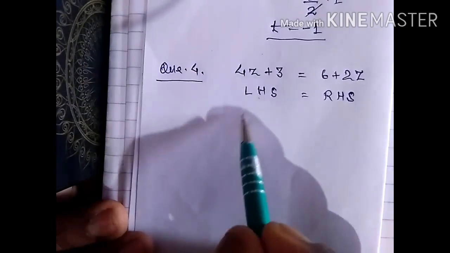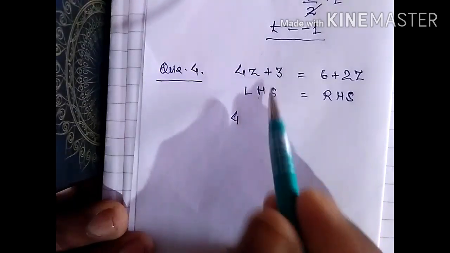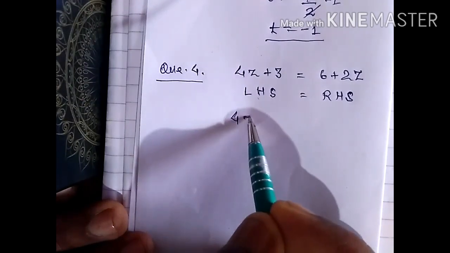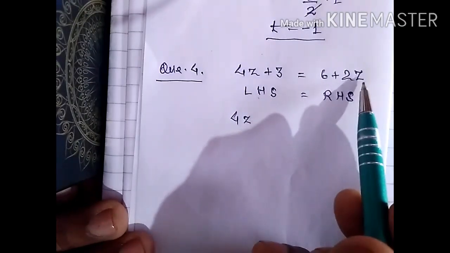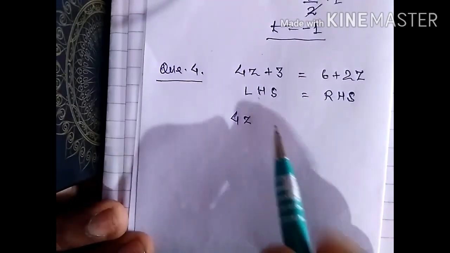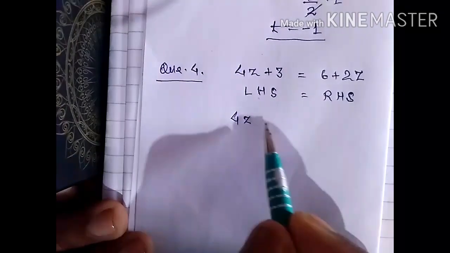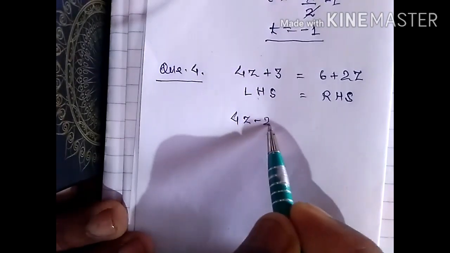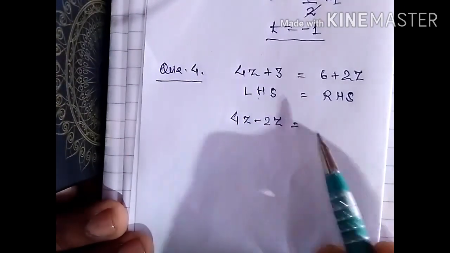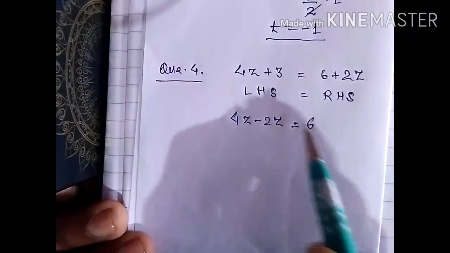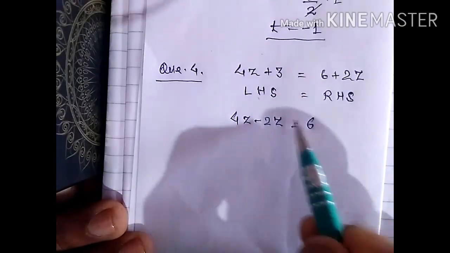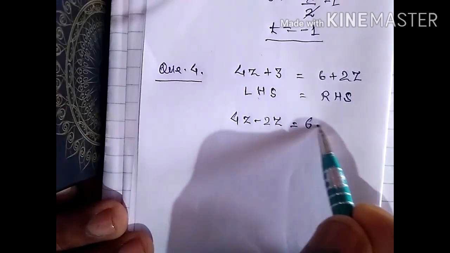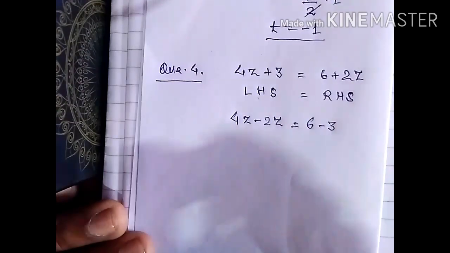So in the next step we have to write this 4z, after transposing 2z from the right hand side to the left hand side, we have to change the sign, that is minus 2z is equal to 6, and we have to change this number 3 from the left hand side to the right hand side. So we have to put the negative sign.